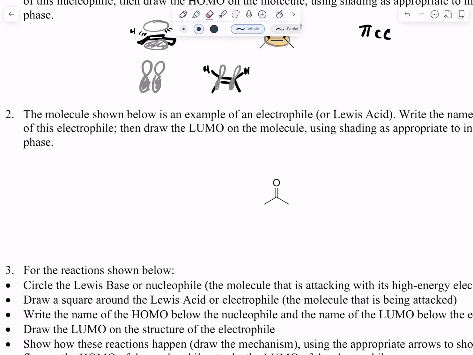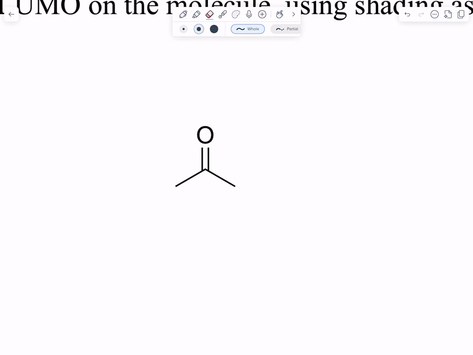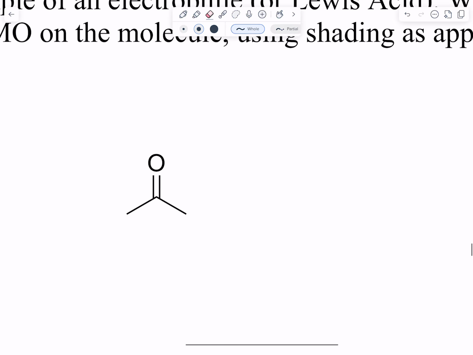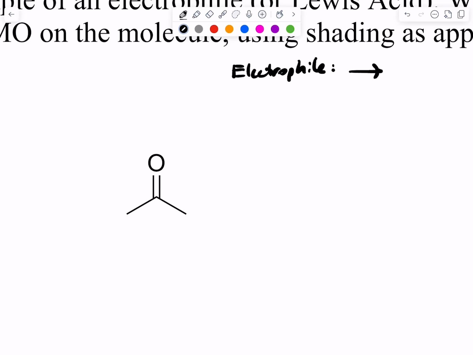One thing I haven't said is that it can also be a nucleophile depending on context. So I want us to look at this and decide, if it's going to act as an electrophile, what the LUMO is. To determine that, let's look at the bonding orbitals.